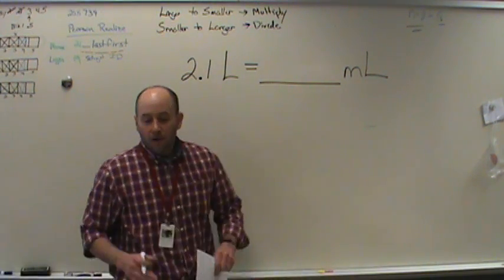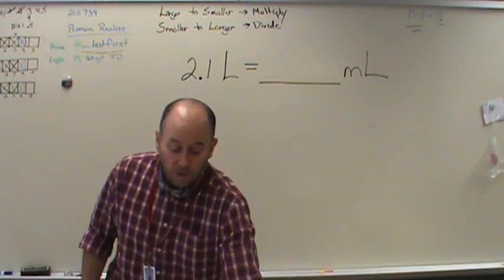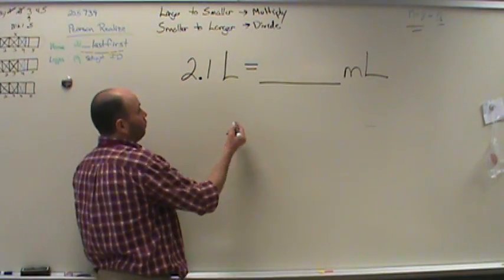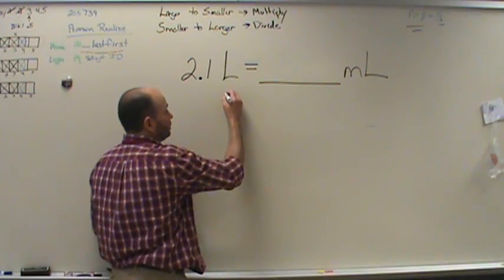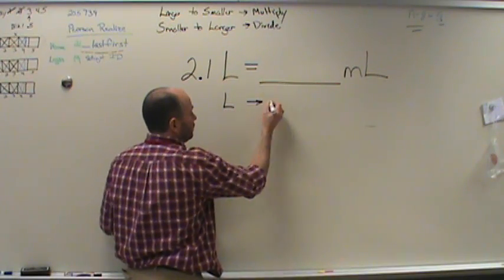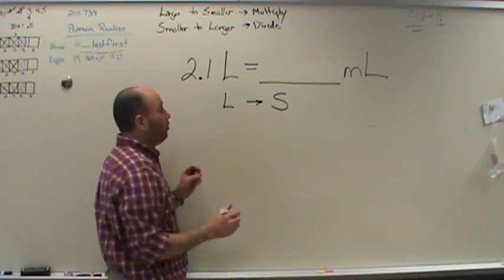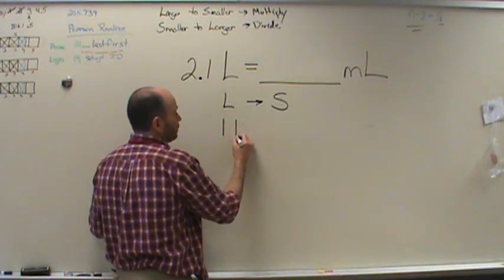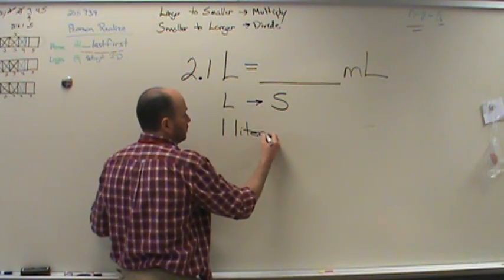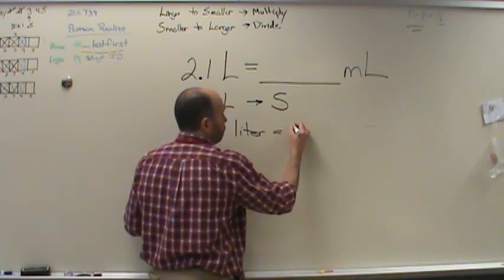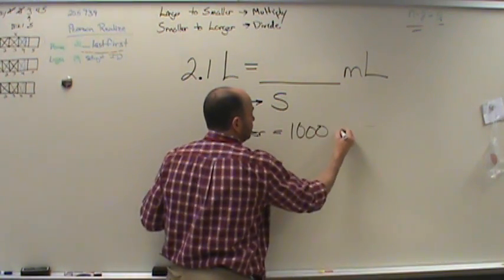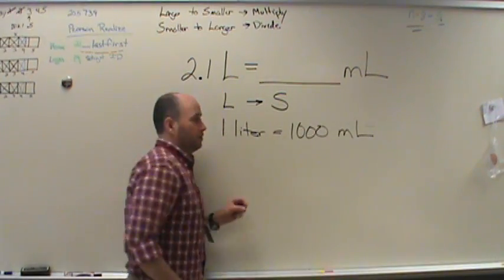Well, in this situation, what we want to remember, again, is that we are going from a larger unit to a smaller unit, and we know that 1 liter equals 1,000 milliliters.